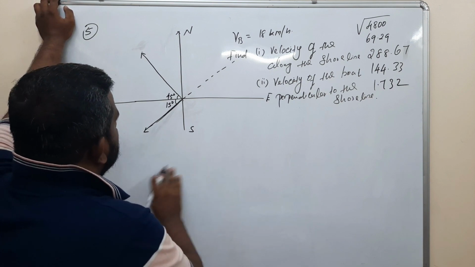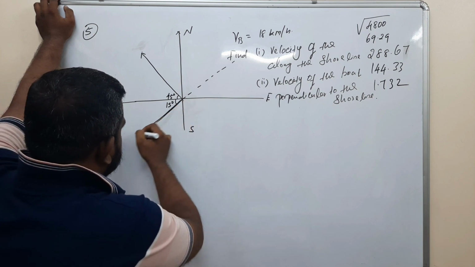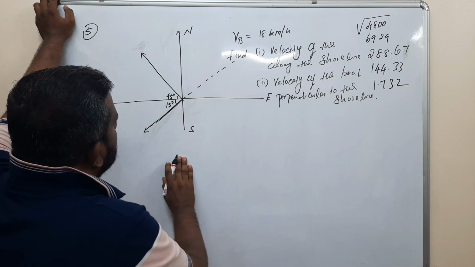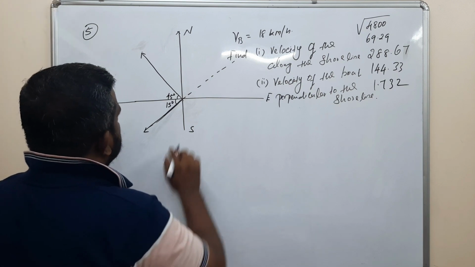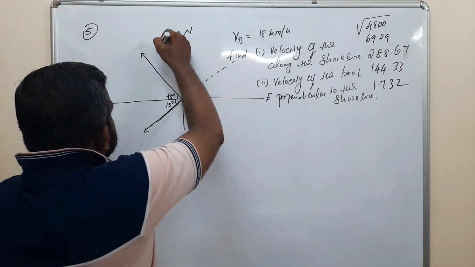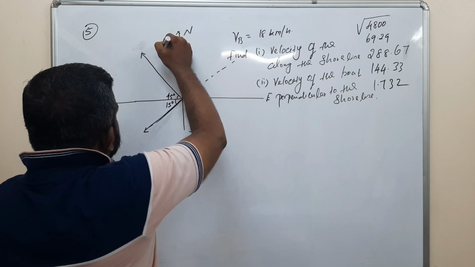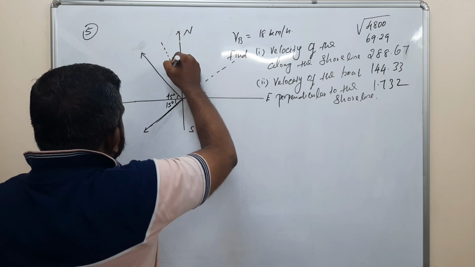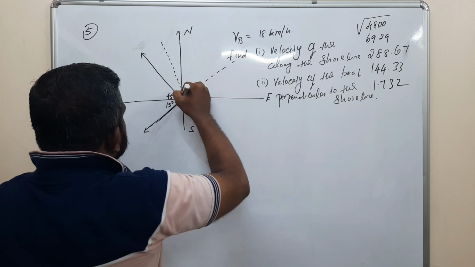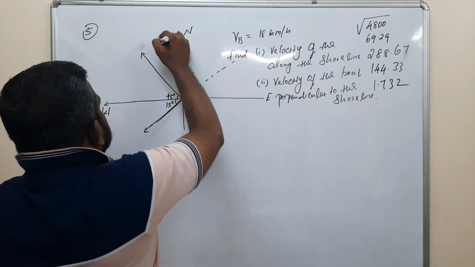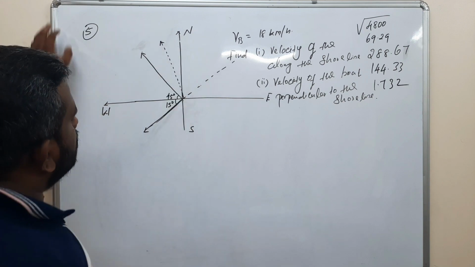So we have to find out the velocity of the boat along the shoreline and perpendicular to the shoreline. So this is the perpendicular.